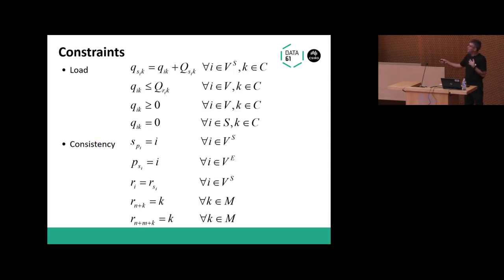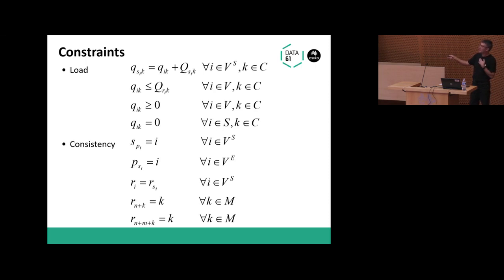Accumulate my load, so the quantity at the successor of I is the quantity at I plus the demand at the successor of I. No, the demand at I, sorry. And now we put the upper bound on the quantity, and we start all our starts at 0.